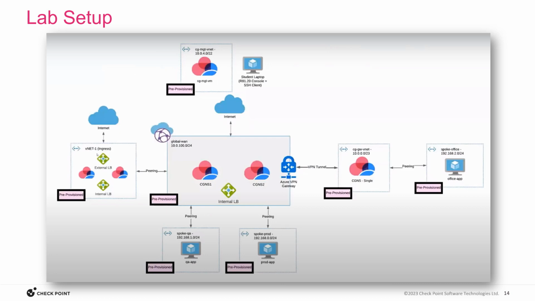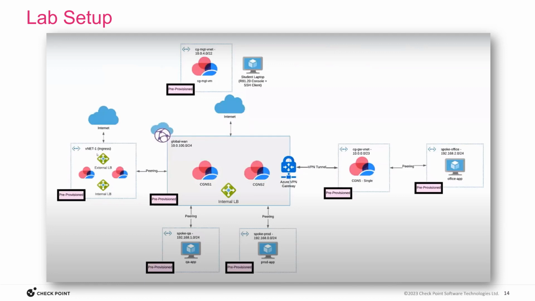Currently I configured a network LB, but obviously you can configure application load balancers as well. I also configured the Check Point management server in another VNet. The communication between my Check Point management server and all my virtual appliances is over the internet. So this is my high-level architecture.